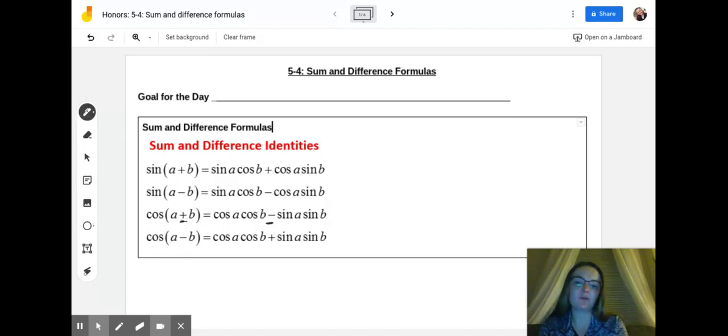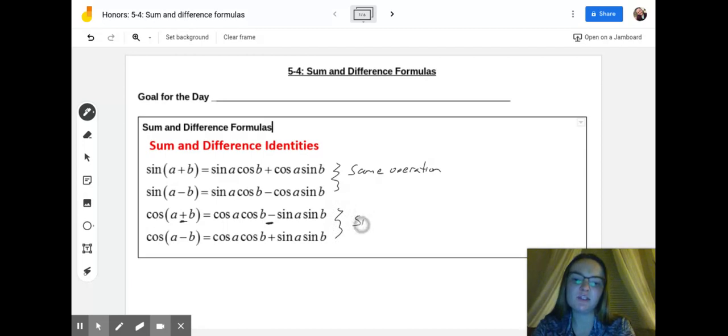It really depends on what the question is. But we can note that I keep the same operation if I have a sine, and I switch the operation if I have a cosine.